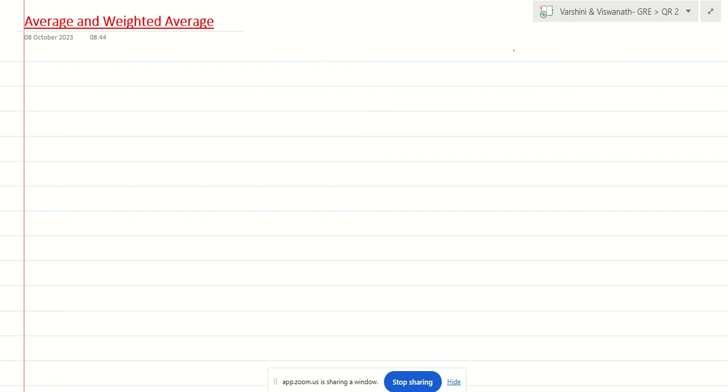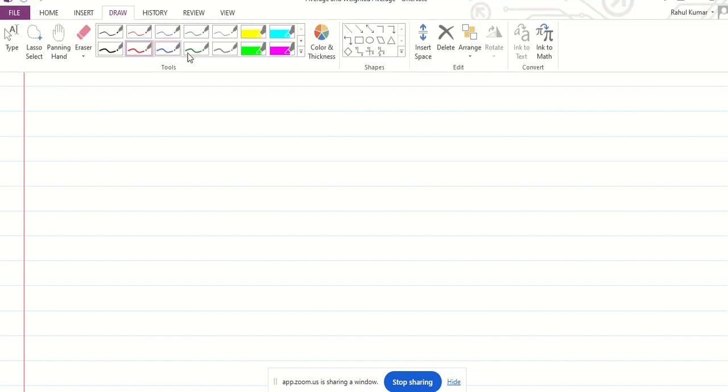Let's try this question now. But before going to this question, can you tell me what is the difference between average and weighted average? Any idea? Okay, see.